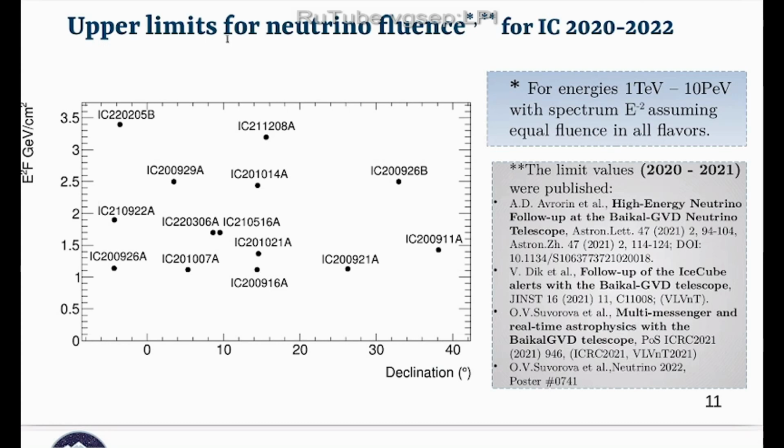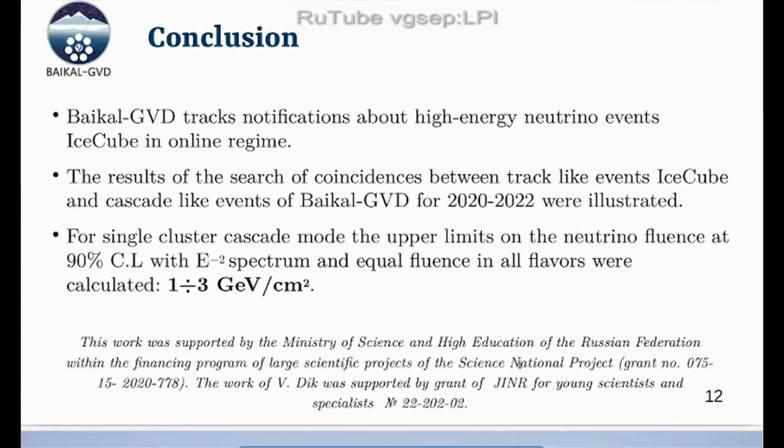Also, here are upper limits on the neutrino fluence for IceCube events 2020-2022. They are for all 4 energies in this range with spectrum E-2, if we assume equal fluence in all flavors. So you can see the range. These upper limits were published in these works.